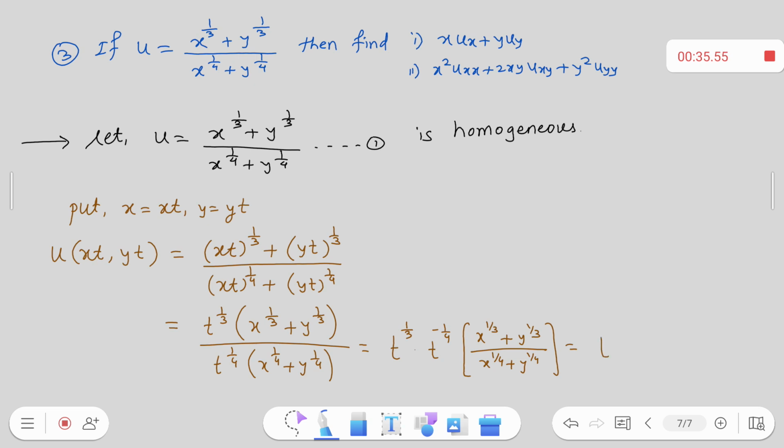So t to the power 1 by 12 of u(x, y). When the base is the same, take the addition of the powers. So it gives 1 by 12. So the power of t is 1 by 12, which means u is homogeneous of degree 1 by 12.